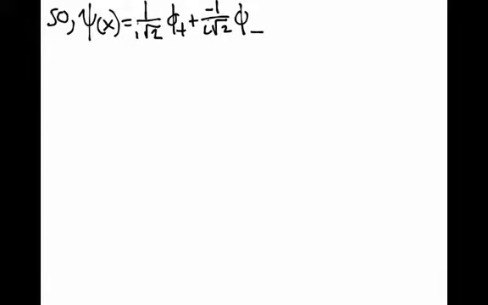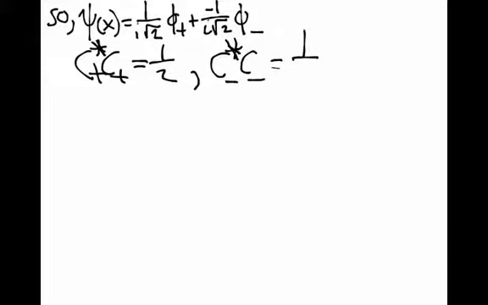So at the risk of being a little bit too repetitive, we've got the wave function psi of x equal to 1 over i root 2 phi plus, minus 1 over i root 2 phi minus. I've gathered everything in, so I'm adding coefficients. If we take c plus complex conjugate times c plus, we get a half.